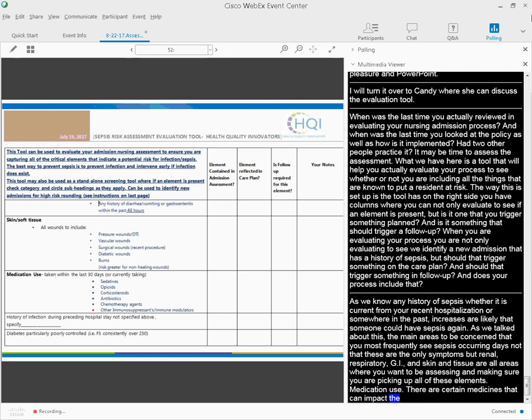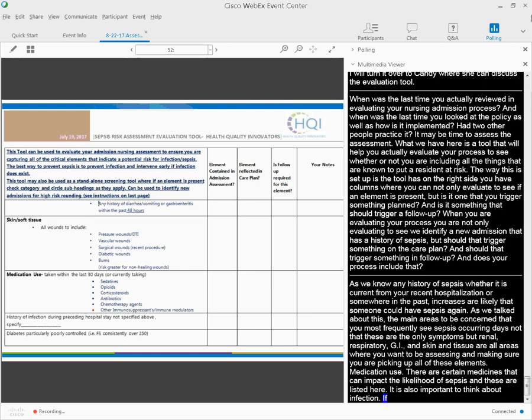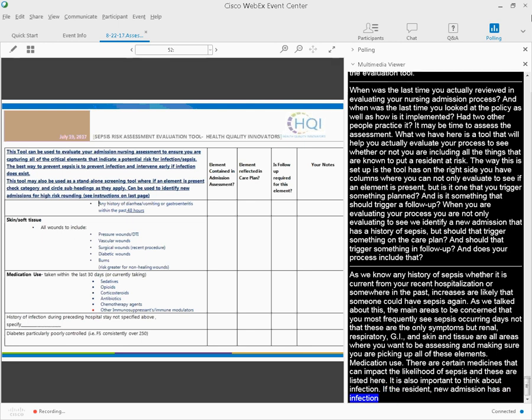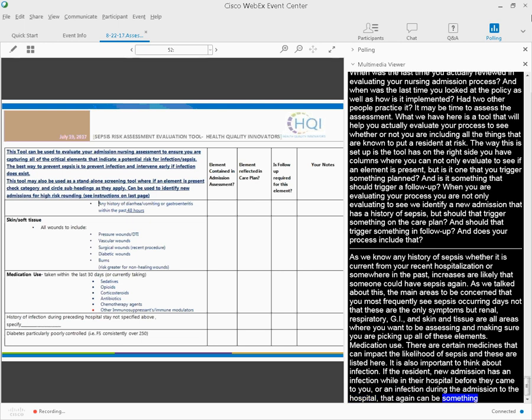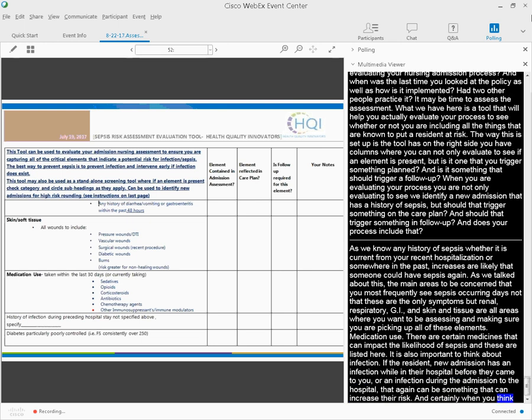Medication use: there are certain medicines that can impact the likelihood of sepsis, and these are listed here. It's also important to think about infection. If a new admission had an infection while in the hospital before they came to you, or an infection is what occasioned their admission to the acute hospital, that again can increase their risk. And certainly, when you think about chronic illnesses, diabetes, especially an uncontrolled diabetic, means a high likelihood of sepsis.